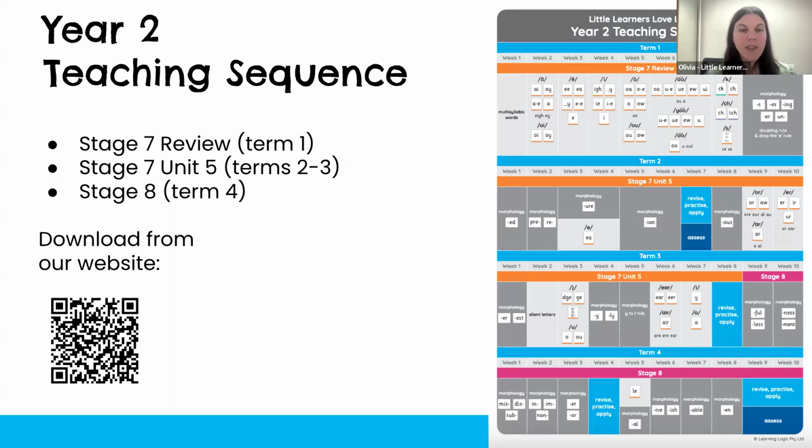Then we can see that over Terms 2 and 3, we're looking at Stage 7, Unit 5, and this unit of work focuses mostly on morphology. We cover some of the less common but very useful code, such as alternative graphemes to represent short vowels like EA as in bread and A as in was. So we'll talk more about that in greater detail in just a moment.